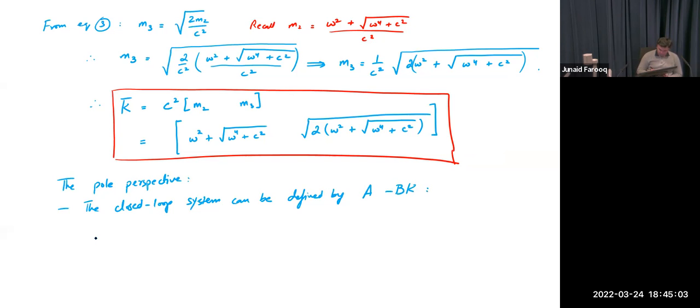So if you try to compute A minus BK, what you will get is 0, 1, minus square root of omega 4 plus c squared, minus square root of 2 omega squared plus omega 4 plus c squared, and then a square root. I can make a square root on all of them.